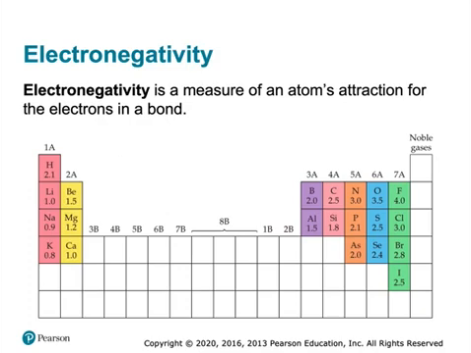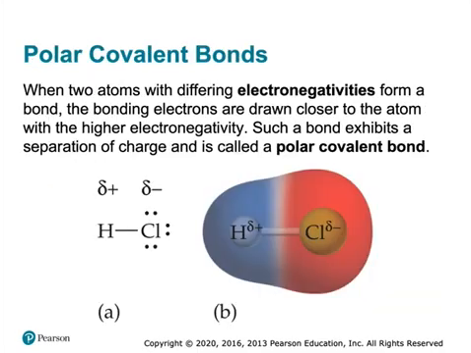If you look, oxygen is also a very electronegative atom. Fluorine is the most, and oxygen is the second most. So the atom's ability to attract electrons is important, and this is because of what happens when you have two different atoms. So hydrogen and chlorine can form a covalent bond.